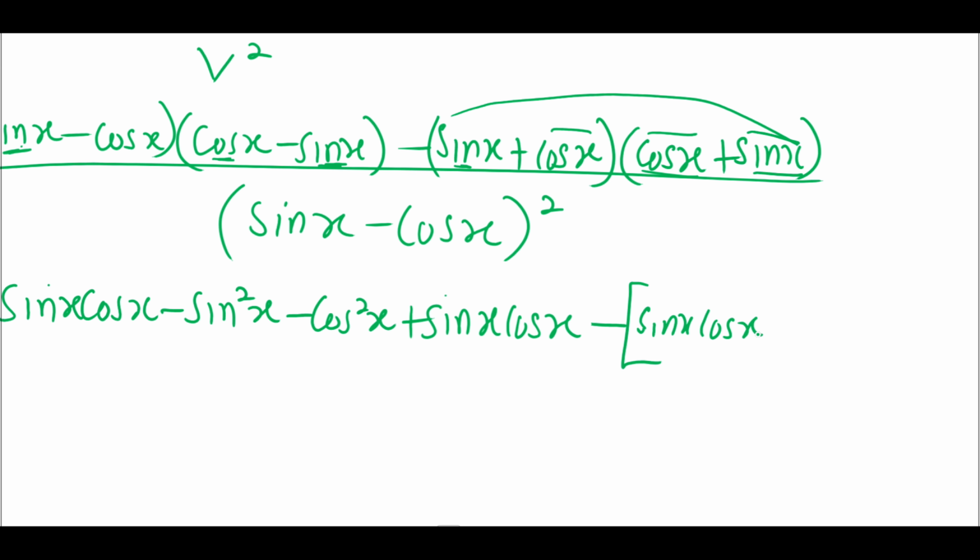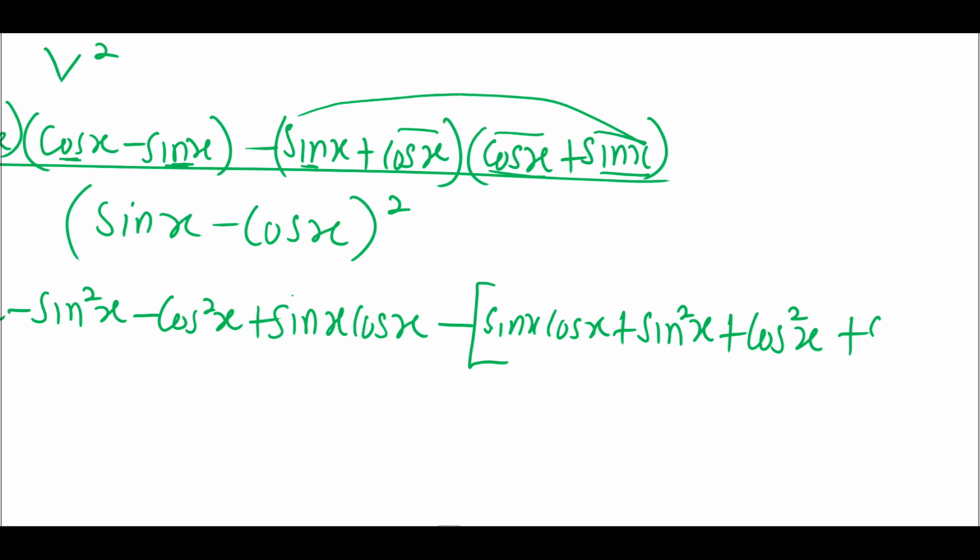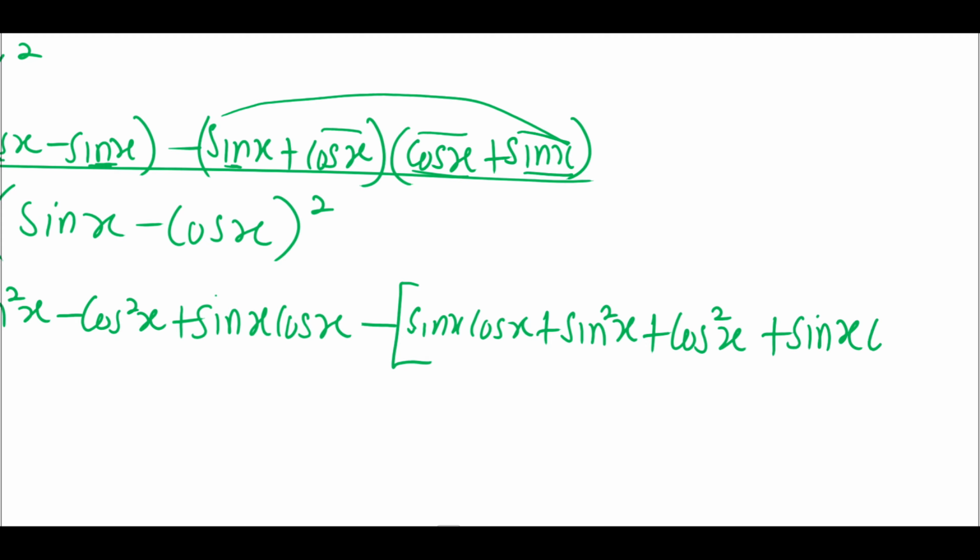Then sine x times sine x will give us sine x squared. Then cos x times cos x will give us cos x squared. Then we have cos x times sine x giving us sine x cos x. Close it nicely.